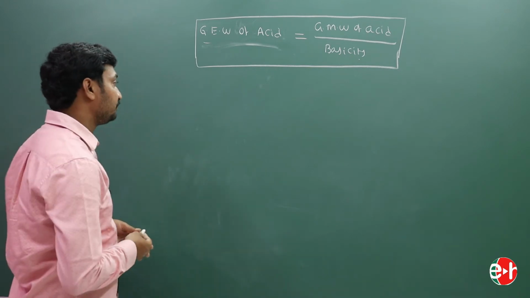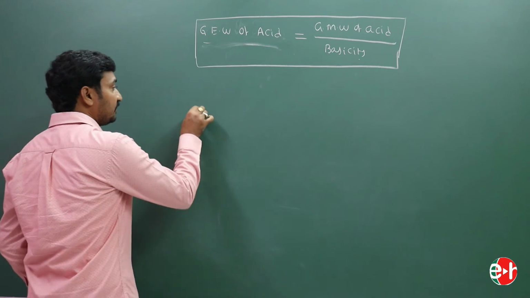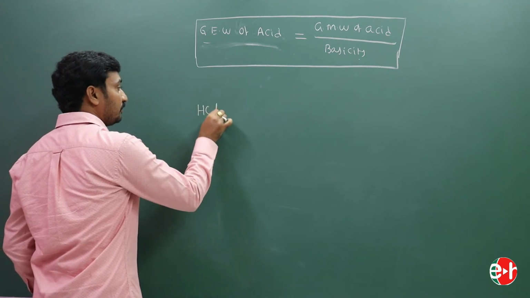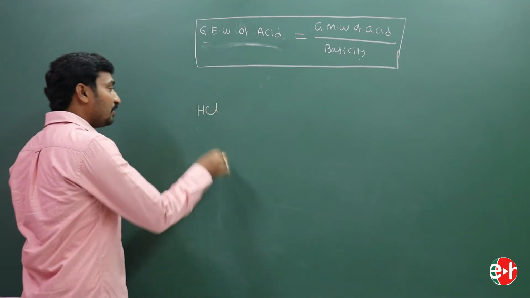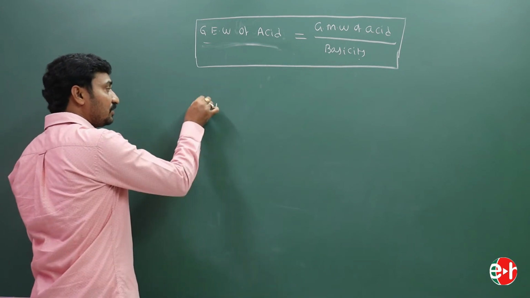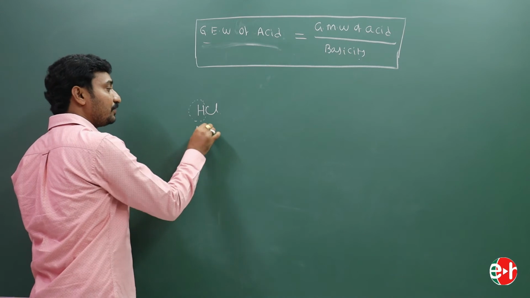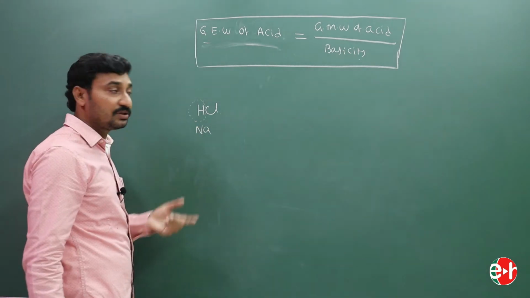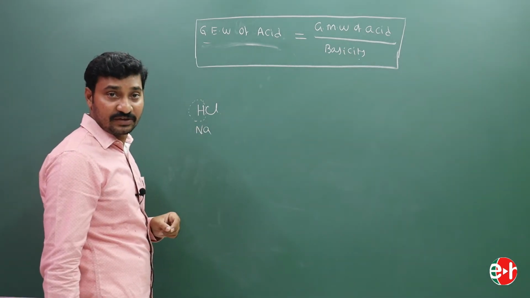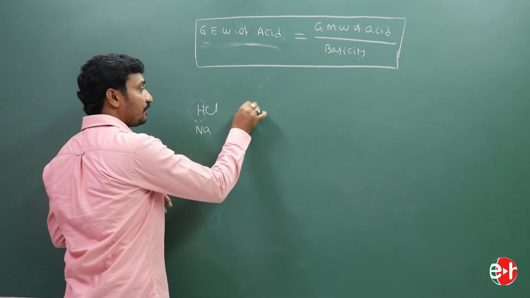For example, HCl. Here one hydrogen atom is replaced by a metal atom, for example sodium. So here basicity is 1. H2SO4.